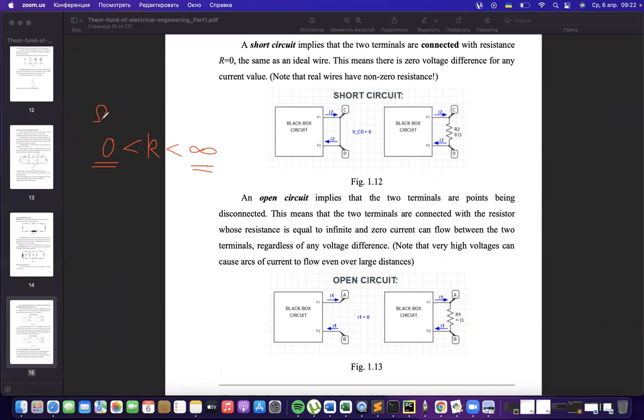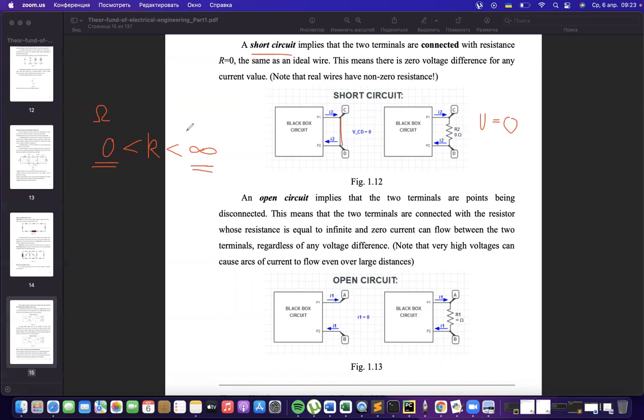If we have the 0 ohm situation, it is named a short circuit. It could be represented just as a single wire with 0 resistance connected between 2 points. In this situation, the value of voltage becomes 0.